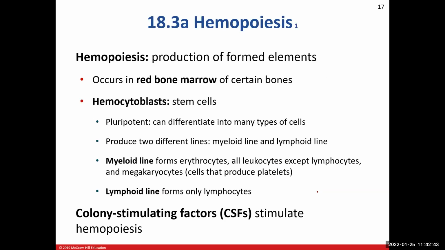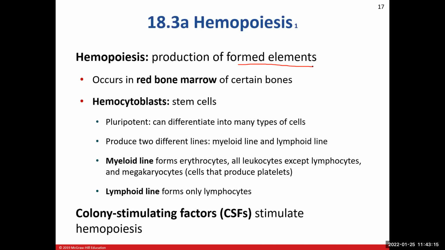Hemopoiesis, important. This is when we make the formed elements of our blood. This occurs in the red bone marrow of your bones, not all the bones. When you're younger, a lot of the long bones will help, but as you get older, the majority of the long bones stop their involvement in hemopoiesis, and it's usually the flat bones and the bones of the axial skeleton.